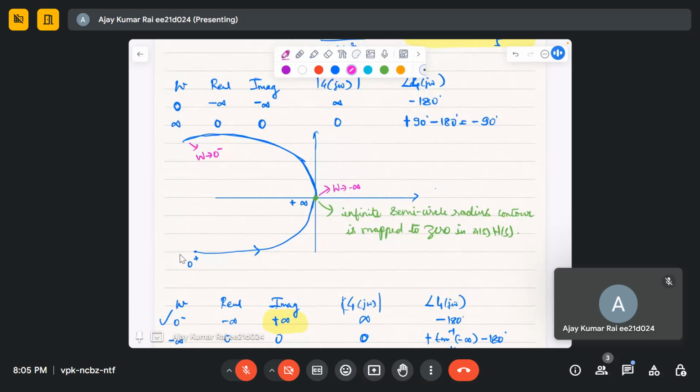So if I complete this, I'll get something like this. If you want to get the proper graph, plot it in MATLAB, something like this.